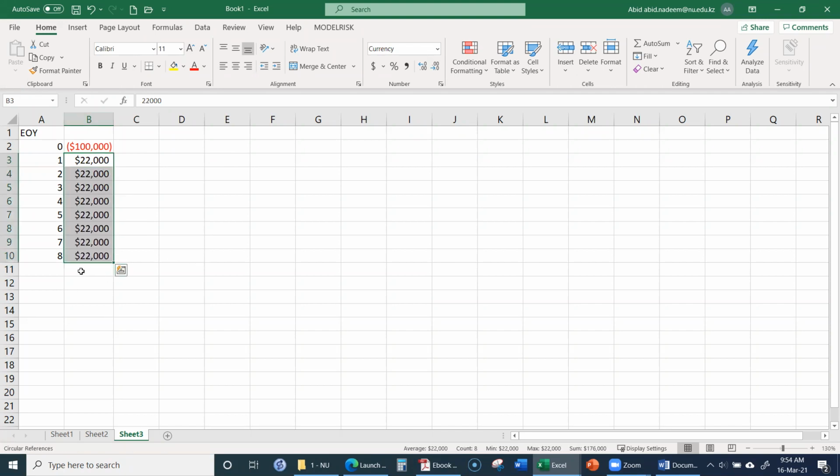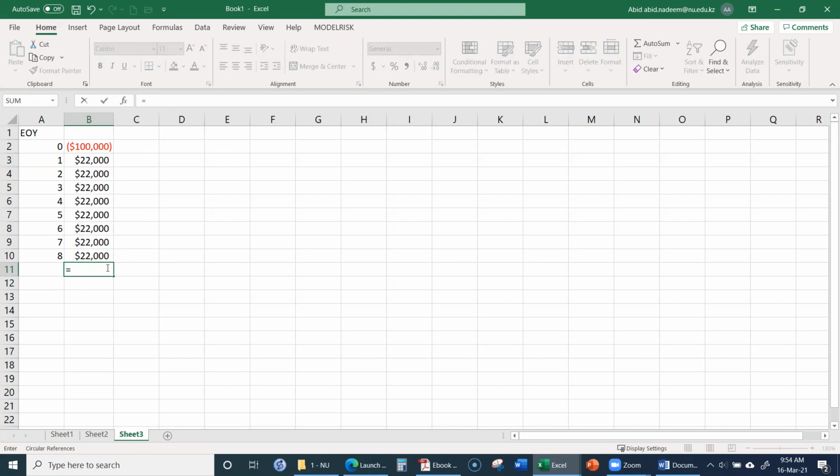And based on this, we can find the net present value, which is equal to minus 100,000 plus the net present value. The interest rate we are using is 15%, so it will be 0.15, or you can enter it as 15%, both will be the same.